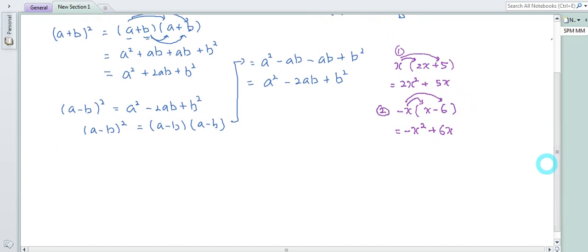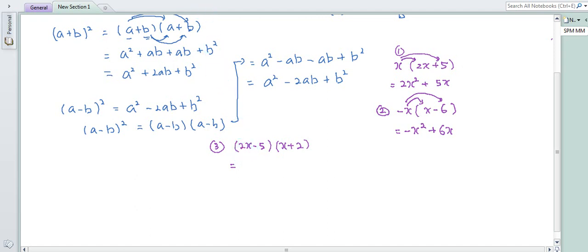If you have this one, I write over here: (2x - 5)(x + 2). The same thing as I told you just now.